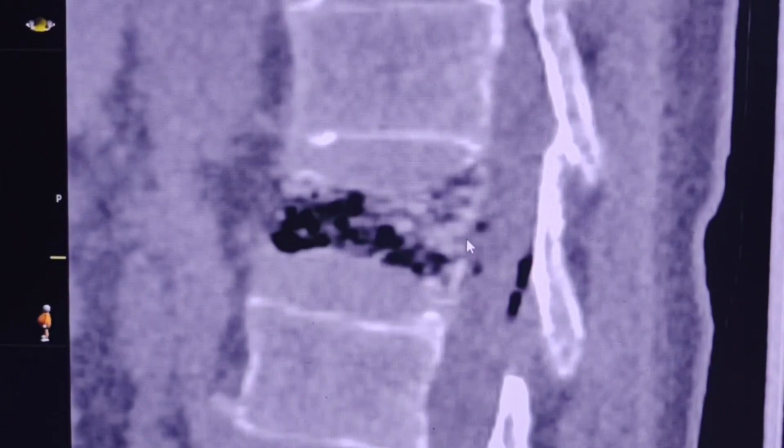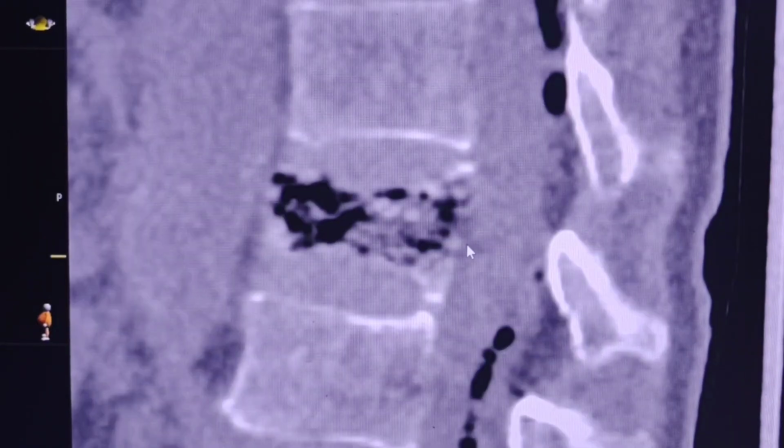This patient has a double risk factor: first the diabetes and secondly the ulcerative colitis. As you can see, imaging plays a significant role for the accurate diagnosis and the extent of the disease.